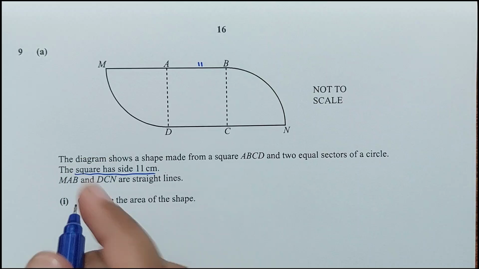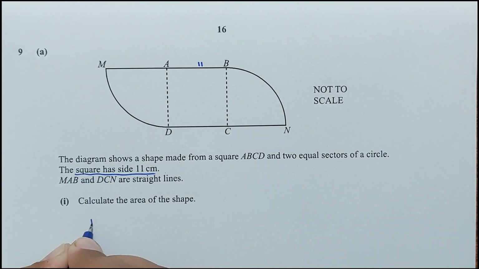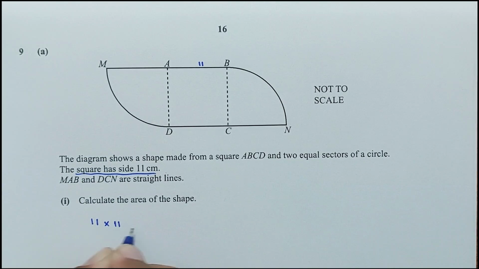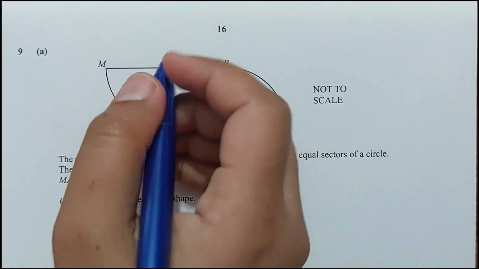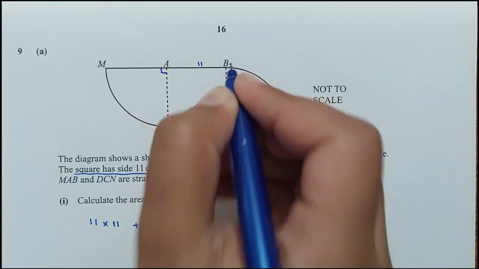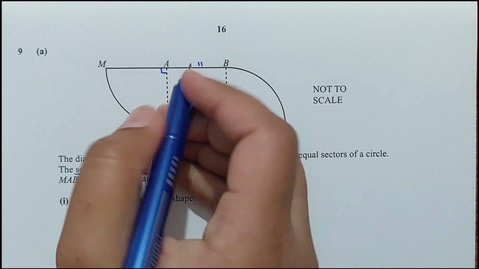So this is a square. Its area is side times side, which is 11 times 11, plus these two sectors of a circle. This angle is perpendicular, it's 90, and AD is 11.